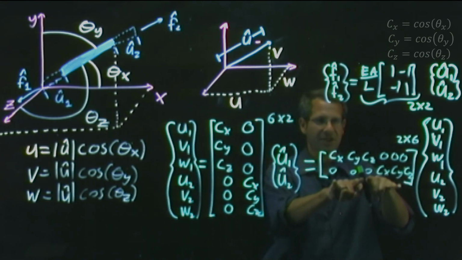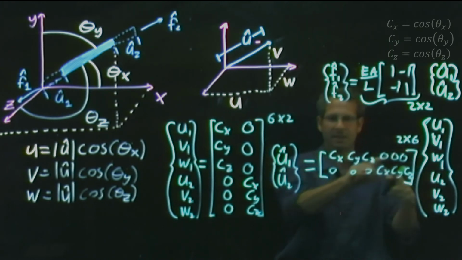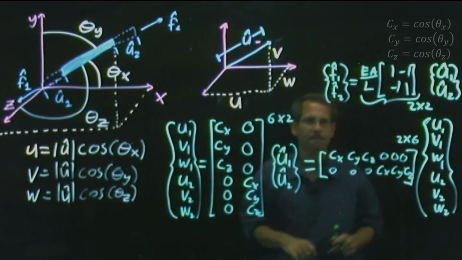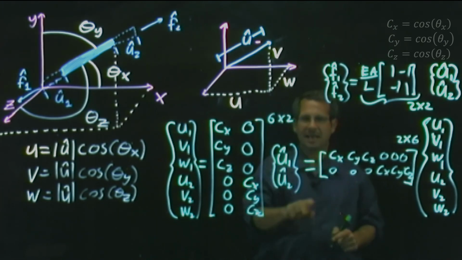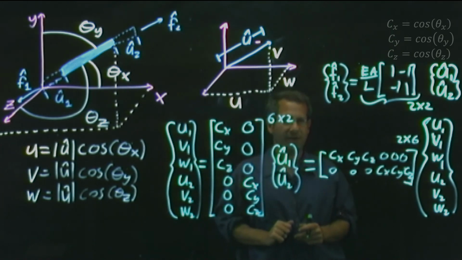The derivation of this matrix to go from the global coordinate system to the local coordinate system was done in the book. But as you can see, this matrix and this matrix are the transposes of each other.